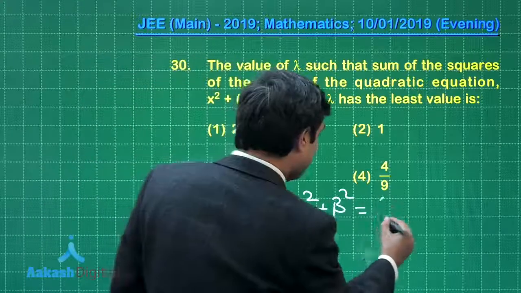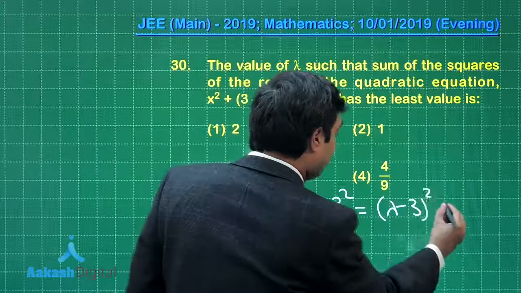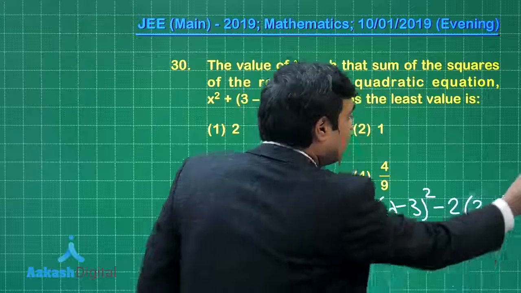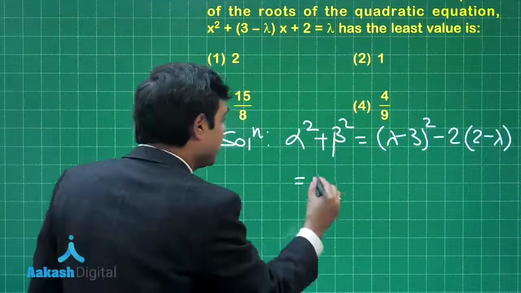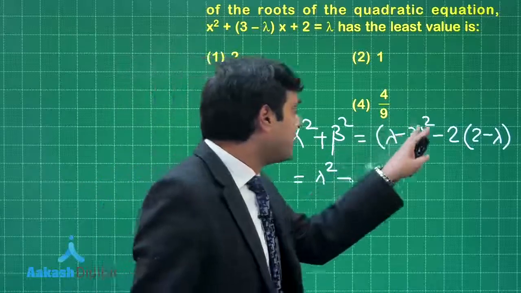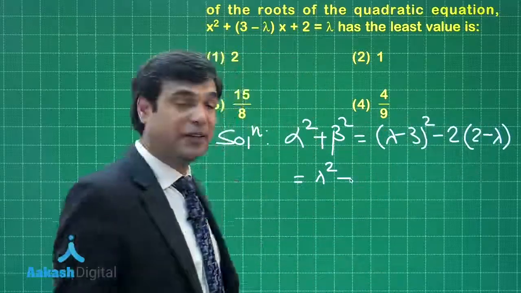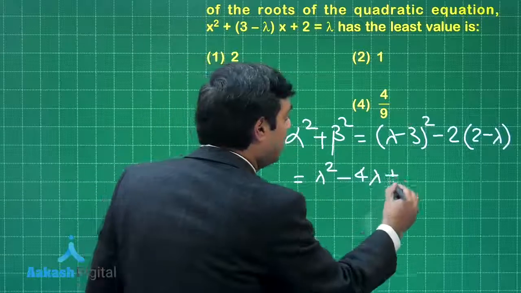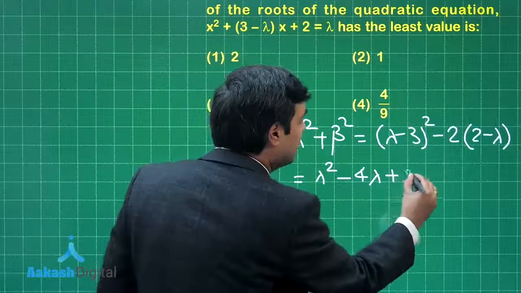That means it is simply lambda minus 3 whole square minus 2 times 2 minus lambda. Just simplify it, it gives you lambda square minus, we have minus 6 lambda plus 2 lambda, that is minus 4 lambda, correct. Then constant term obtained is 9 minus 4, that is 5.